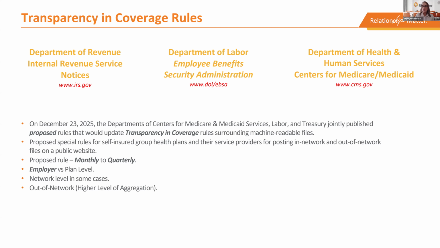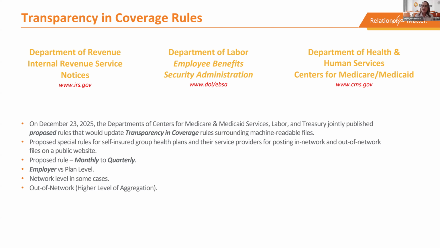They fundamentally want to wholesale change the machine readable process, which was very highly complex. And again, group plan sponsors are the ones responsible and are the ones that are penalized, even where either a PPO or a TPA or a carrier or health plan do the work on your behalf.